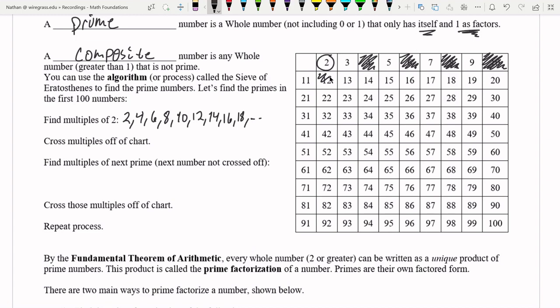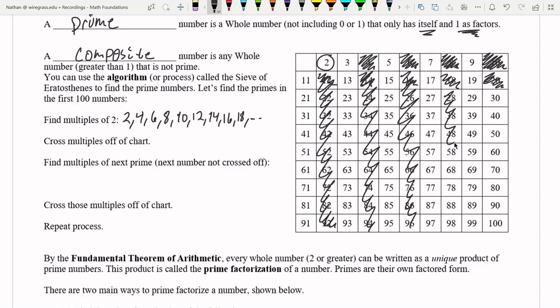So of course we're going to get 12, 14, 16, 18, 20. And hopefully you can see the pattern here. It's really going to be all of these numbers in this column, in this column, in this column, this one, and this one here.